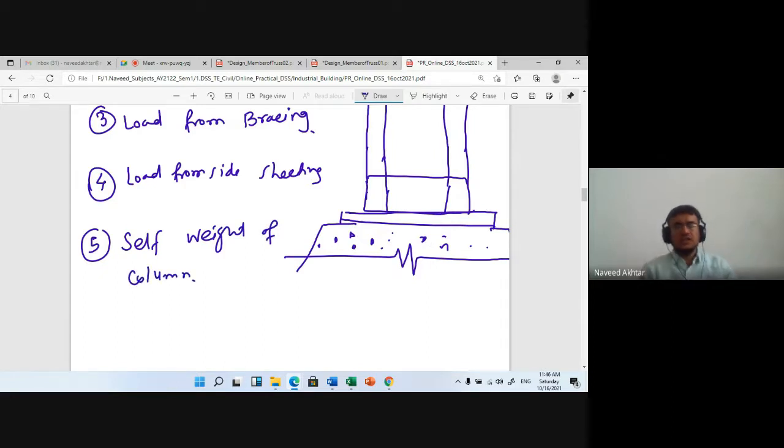So all these loads will come at the footing, at the base of your column. You have to design the column for all these loads, and there may be some eccentricity moment on the column. So you design the column by considering all these loads, and you can calculate them.